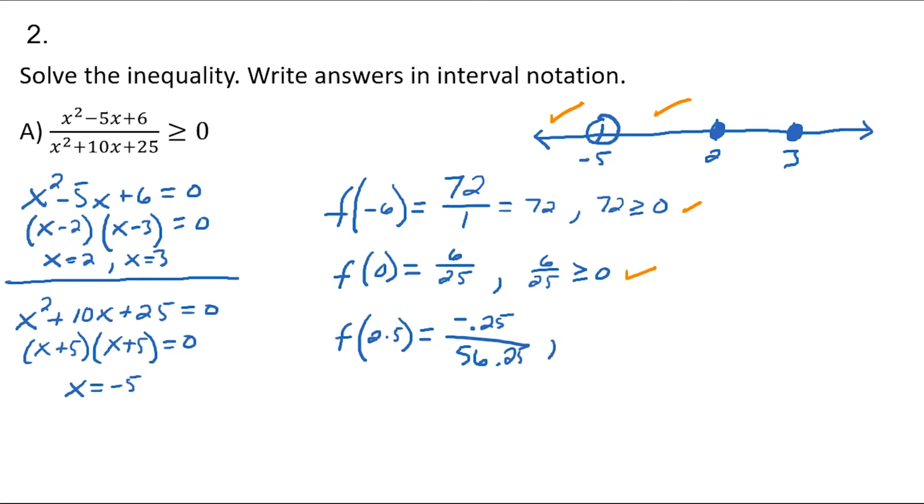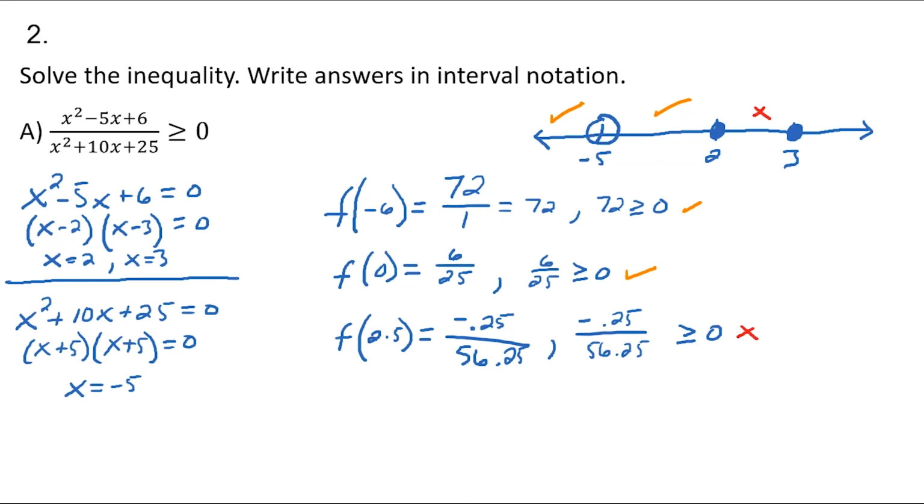So this is going to result in a negative number, a negative being divided by a positive. Is a negative going to be greater than or equal to 0? No, that's not going to work. So I'll put an x here.